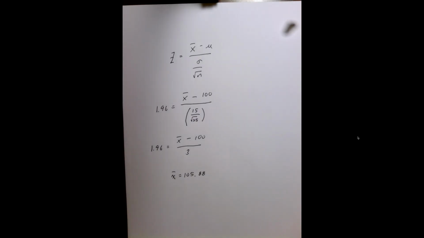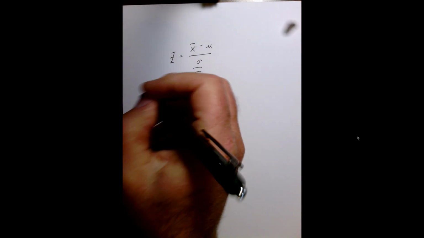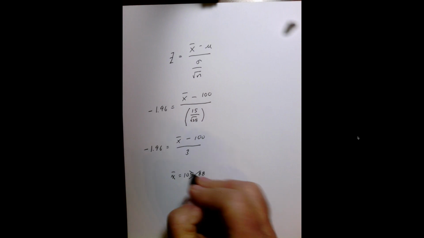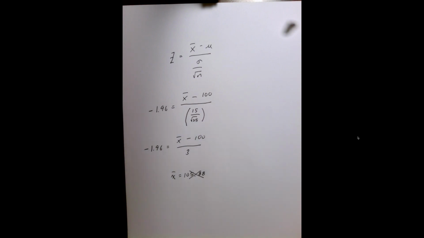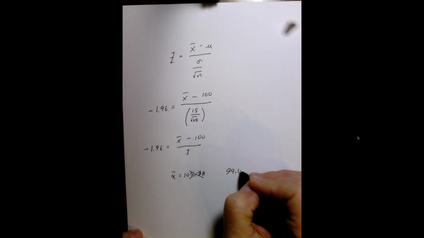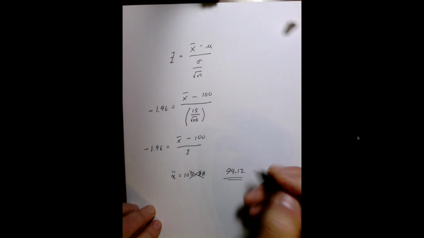Now let's just go ahead very quickly and calculate the other one. It's going to be very easy because the only thing we would do there is come in and use negative 1.96. And we get 94.12.